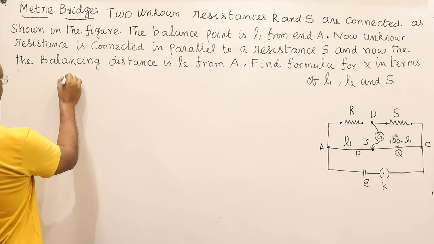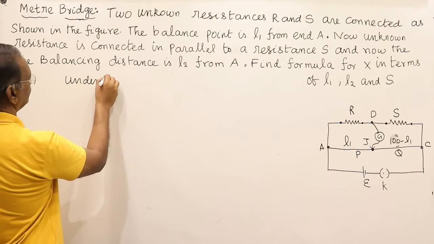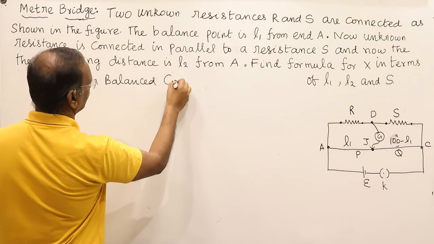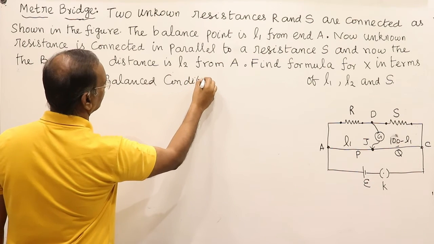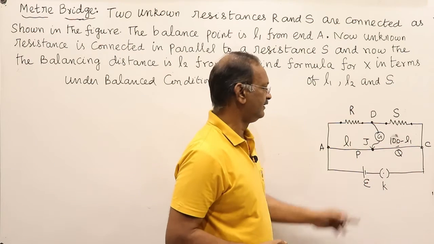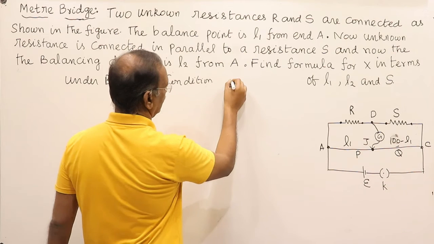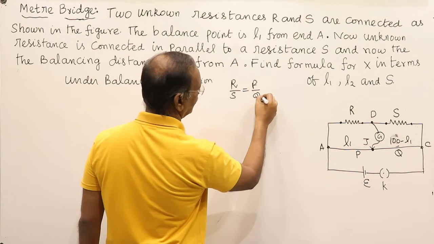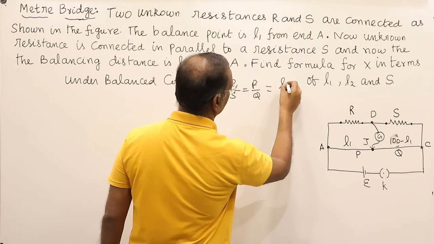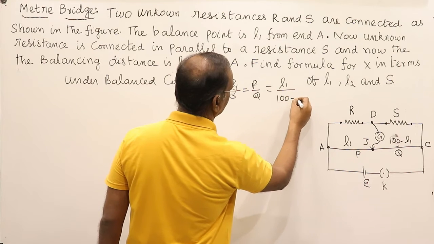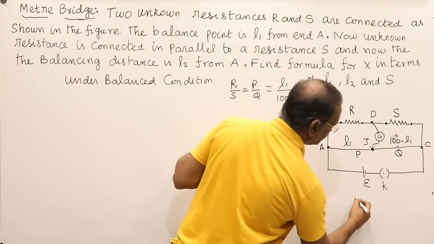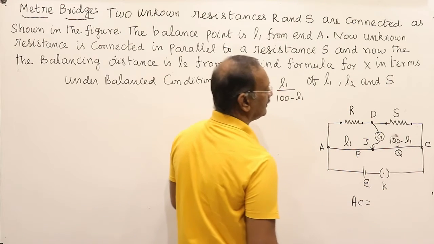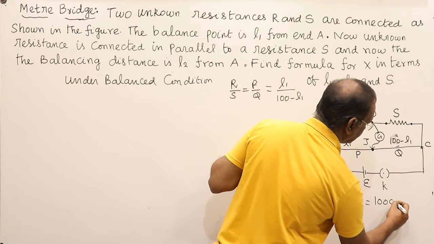So under balance condition, R by S is equal to P by Q, where P is proportional to L1 and Q to 100 minus L1, because AC is the length of the wire of the meter bridge, which is equal to 100 centimeter.